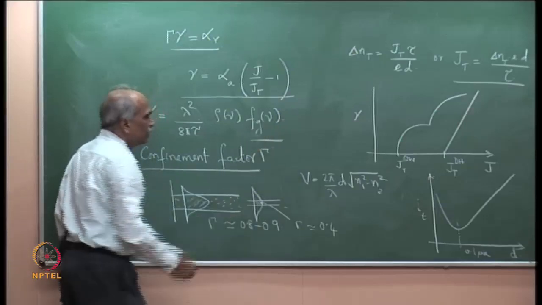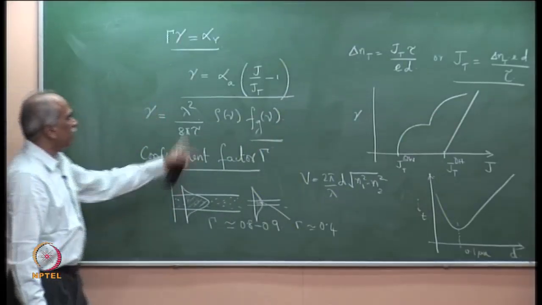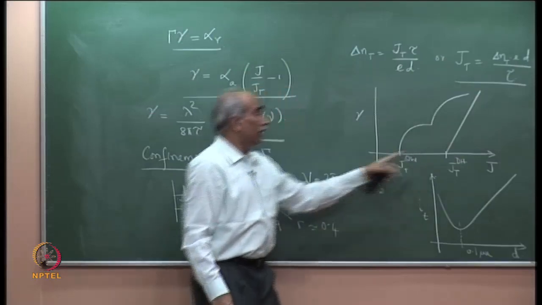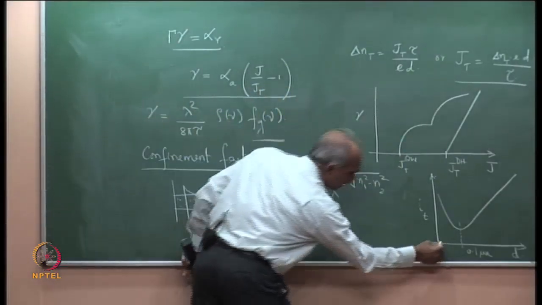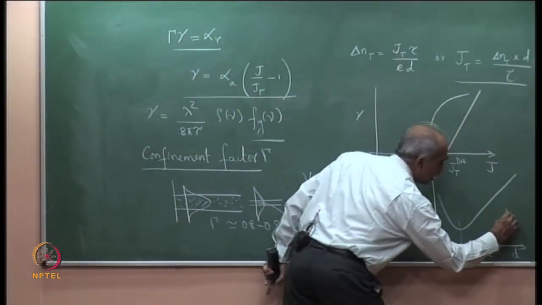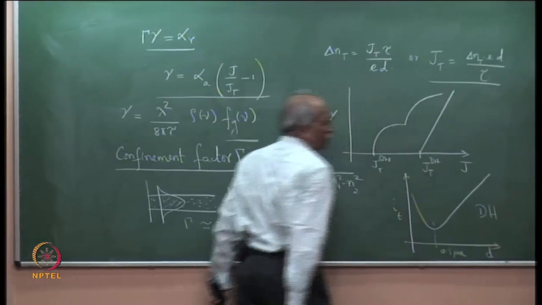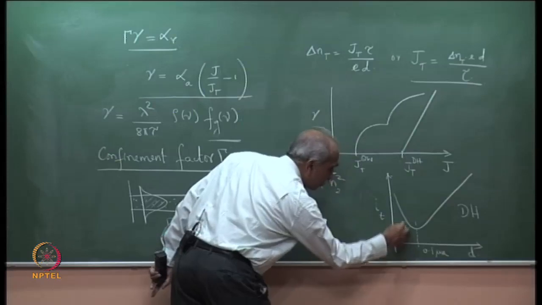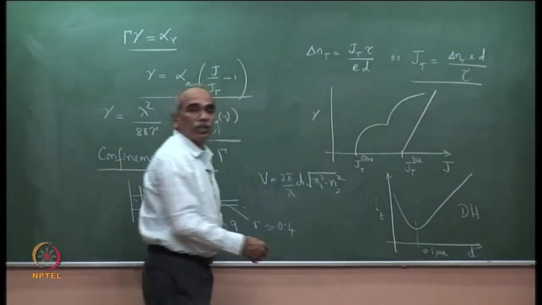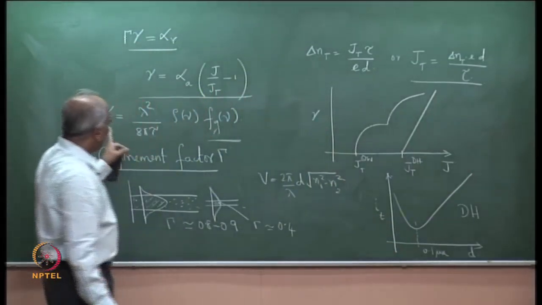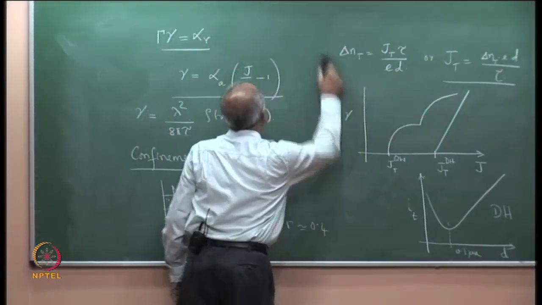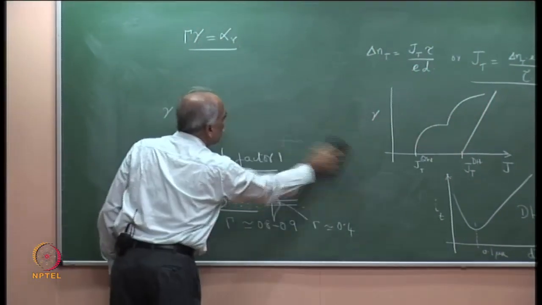I cannot easily show you, and that is why the gain becomes very high at small currents. And consequently, the net effect is, so this is for a double heterostructure BH. For a quantum well, this is not true. Quantum well, even at lower values, we have a low threshold. So, gain at a low current is relatively large, and therefore, the threshold is low.